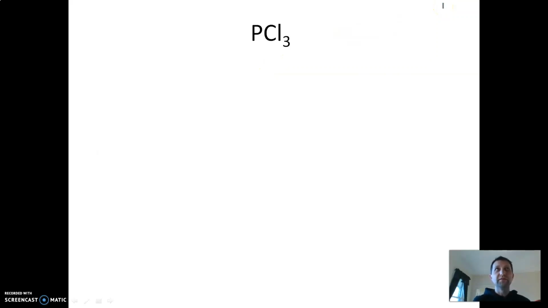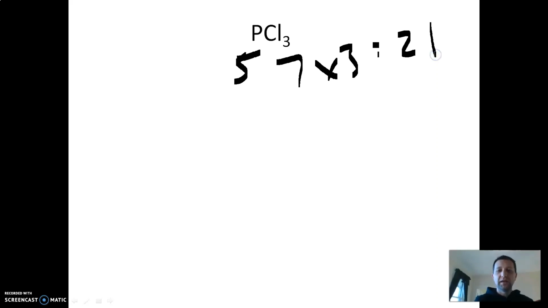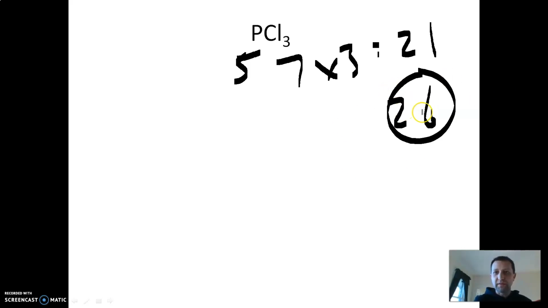All right, PCl3, do the same thing. P is phosphorus, has 5 valence electrons. Chlorine has 7, but there's 3 of them. That gives us 21, so do the math, and we get 26. Just take my word for it.